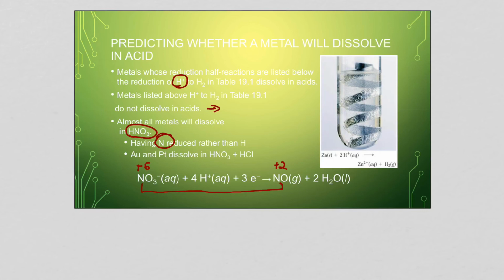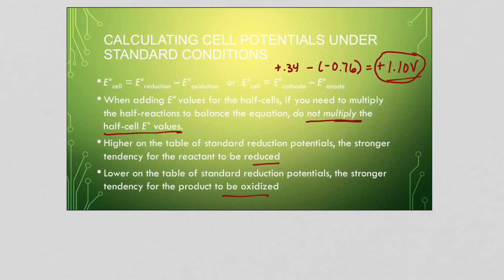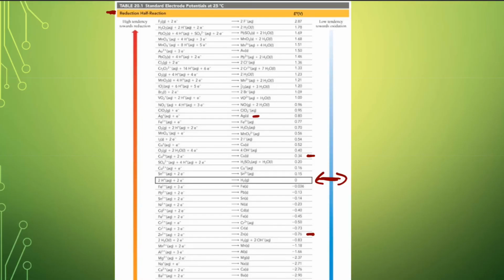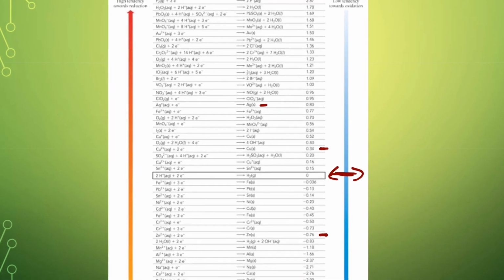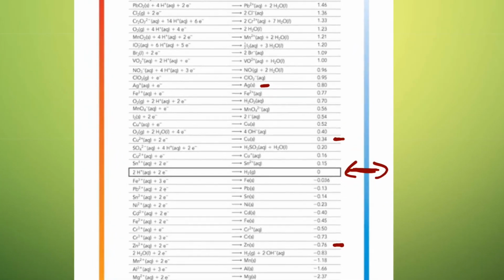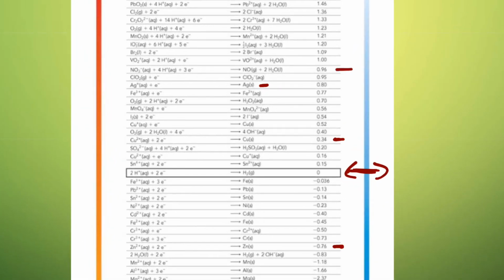And if we look back at our potential table and we look at the nitrate, that's 0.96 volts. So now the metal just has to be below this instead of below the SHE. And so clearly copper is below it.